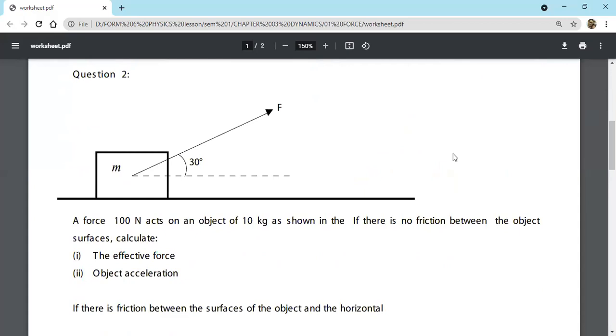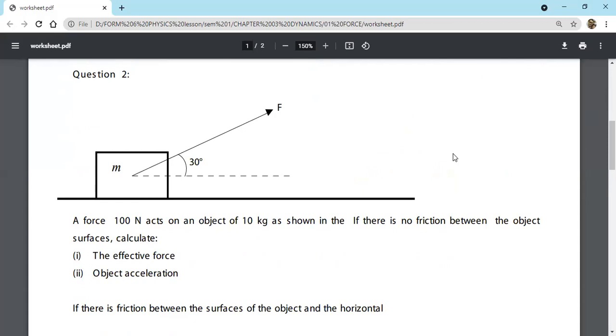A force of 100 Newton acts on an object of 10 kg as shown in the diagram. If there is no friction between the object and the surface, calculate the effective force and the acceleration of the object.